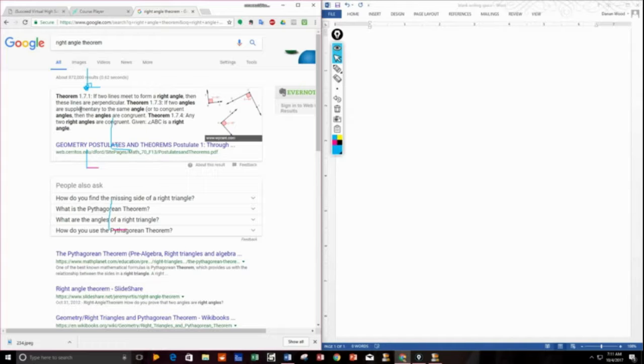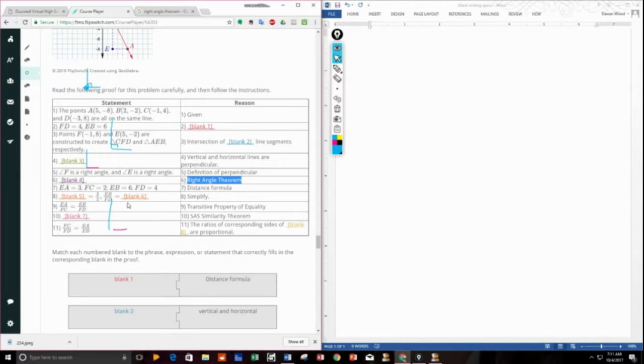If two angles, any two right angles are congruent. Alright, so we knew then that we have congruent angles, just like we matched.